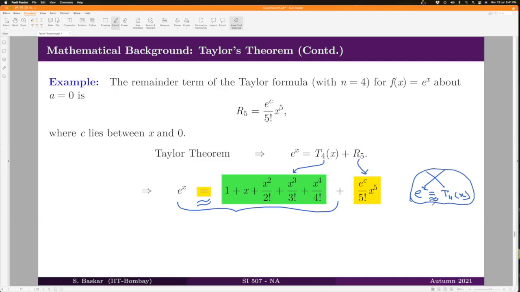This discipline should be followed everywhere in the course, not only in the context of Taylor representation. It should be followed in any method where you are representing something approximately. You should always remember to use the notation approximately equal to instead of exactly equal.